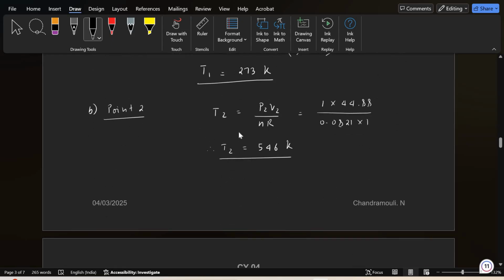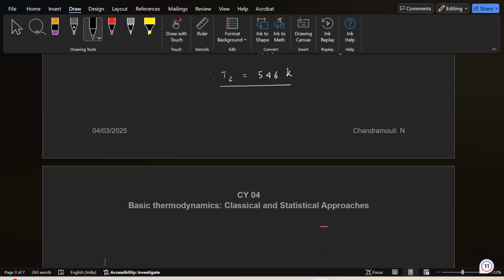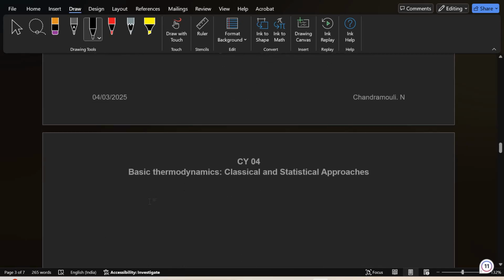And then we have the third point. Can you tell me the formula for the third point? You can quickly do the value. So T3 again is P3 V3 by NR, right?